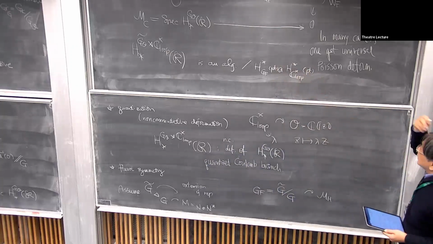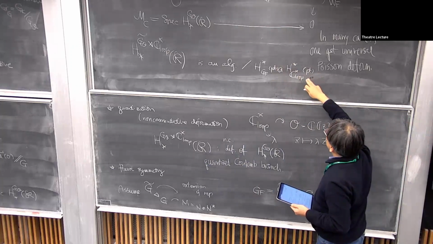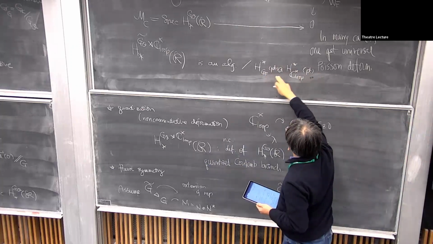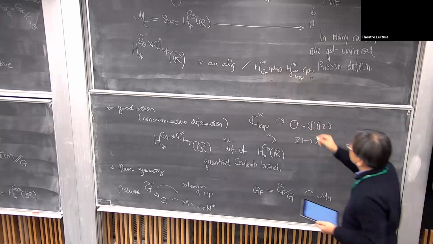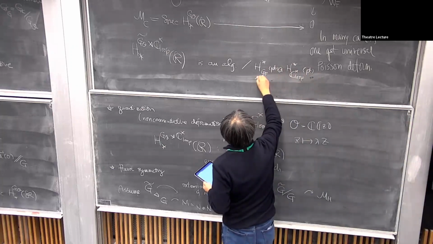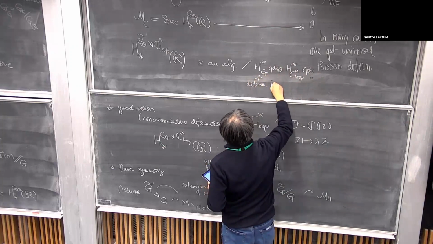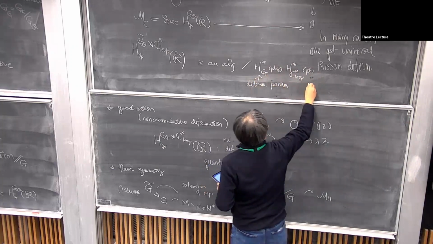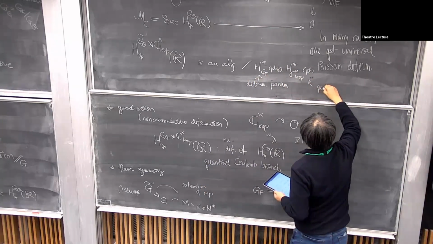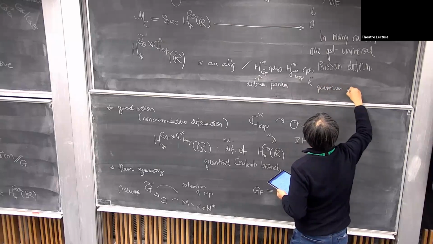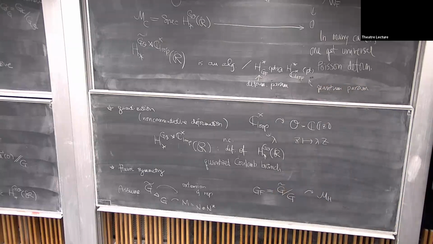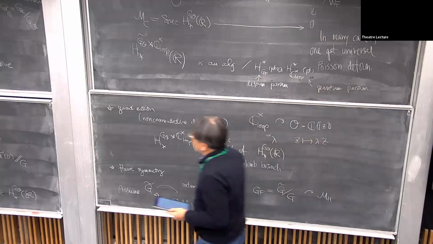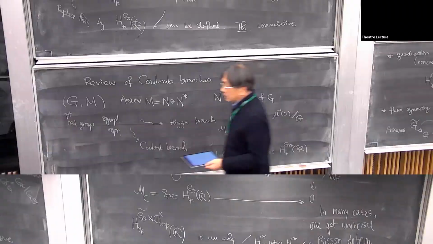So in the case of DAHA, this is one of the parameters. G of F is C star in this case. In that case, two parameters arise. This is a deformation parameter. And what else? This construction works also for equivariant K-theory.